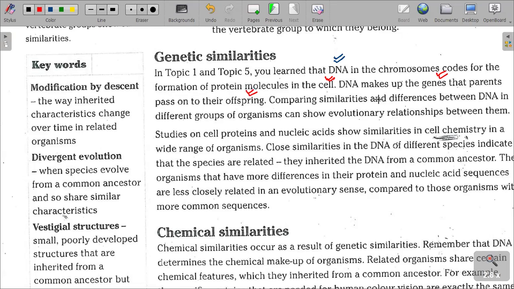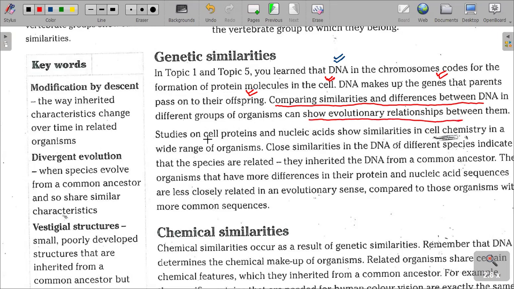So comparing similarities and differences between DNA in different groups of organisms can show evolutionary relationships between them.